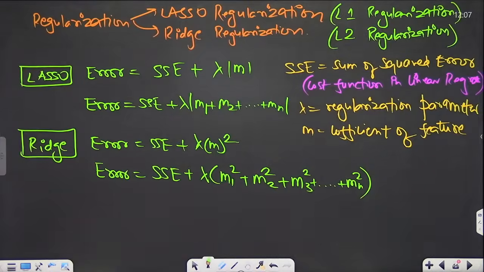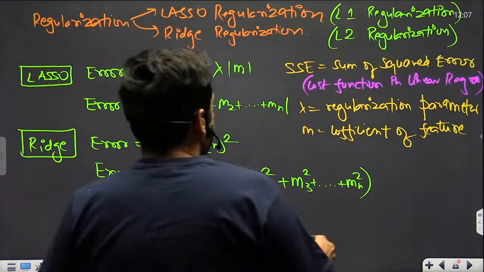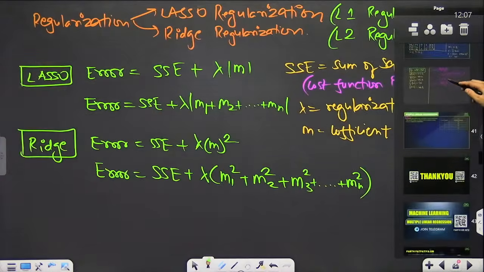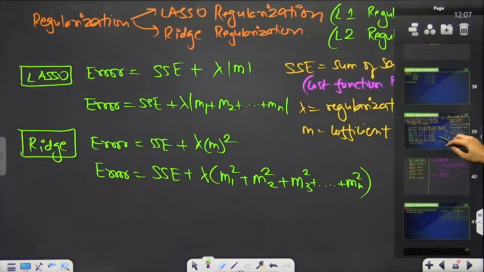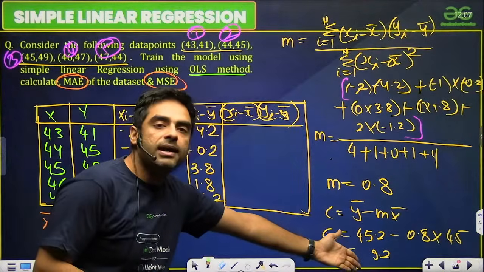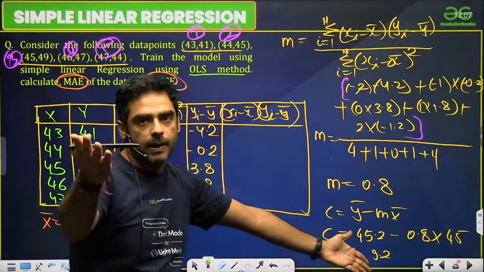It would be given, or you would first find the coefficient value. We have done a lot of questions on this. We found this value of m, so we have a number of methods to find m and c. I hope this makes sense now.